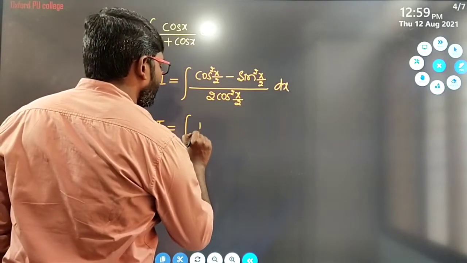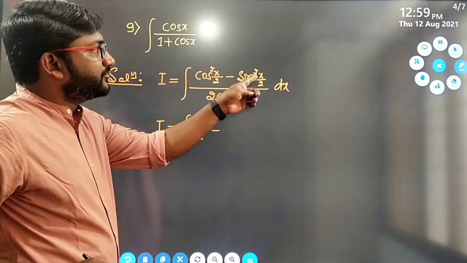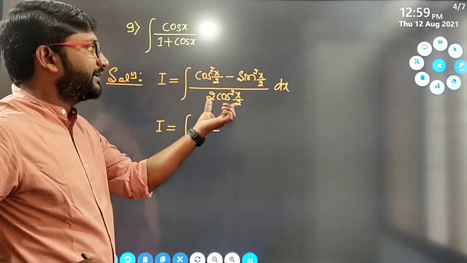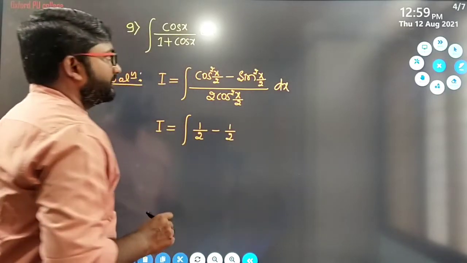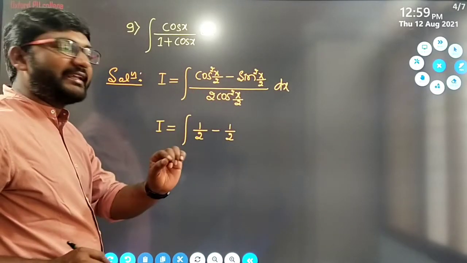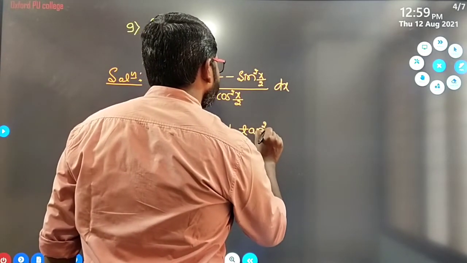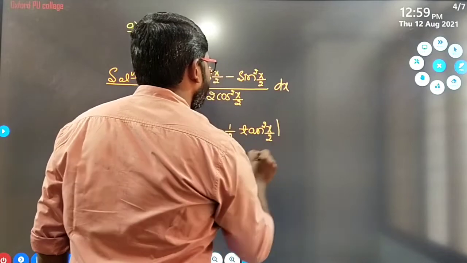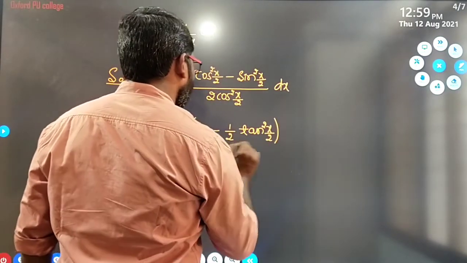So we have 1 by 2. Then minus, here sin square x by 2 divided by the denominator. So 1 by 2 should be written as it is. Then sin square x by 2 by cos square x by 2 can be written as tan square x by 2 dx.